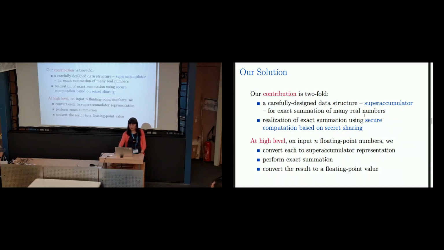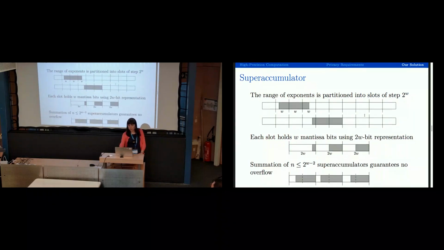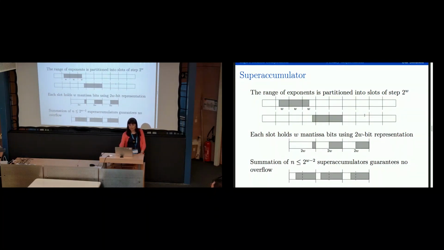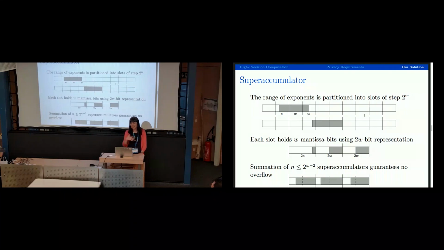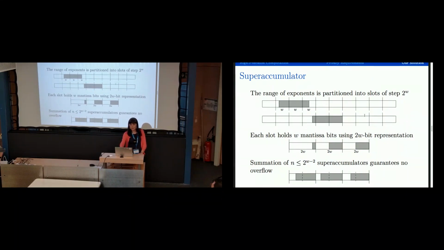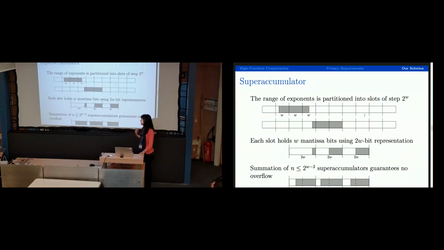I would like to go into a little bit of detail and talk about the data structure itself and how we realize it in a secure protocol. The superaccumulator data structure basically looks like an array with certain bins. If you think about a floating point value, there's a large range of possible exponents, and the mantissa lies somewhere in that range.